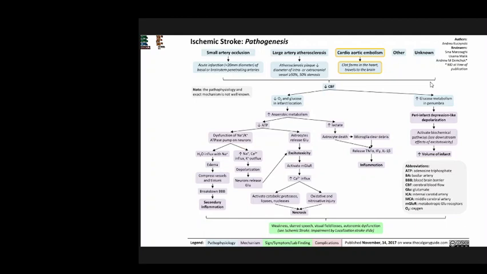Also, the influx of water with sodium causes compression of vessels and tissues, leading to the breakdown of the blood-brain barrier, causing secondary inflammation. Overall, this causes symptoms which are specific and depend on the localization of the infarct.